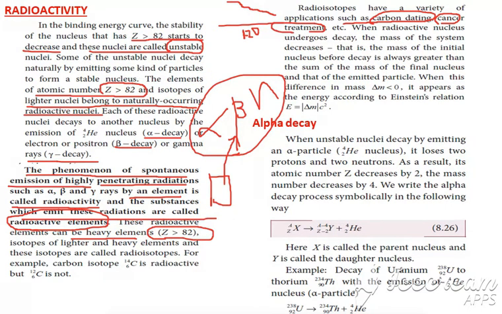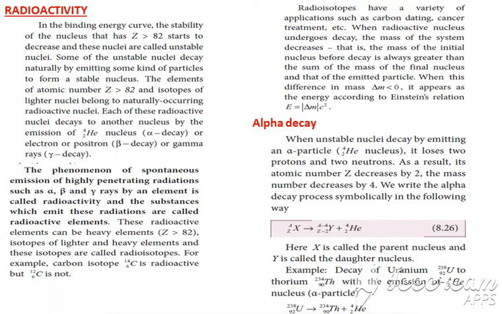see is the alpha decay. So what is meant by alpha decay is when an unstable nucleus, just consider this to be a nucleus, emits an alpha particle. So what happens when an alpha particle is emitted? What is an alpha particle?